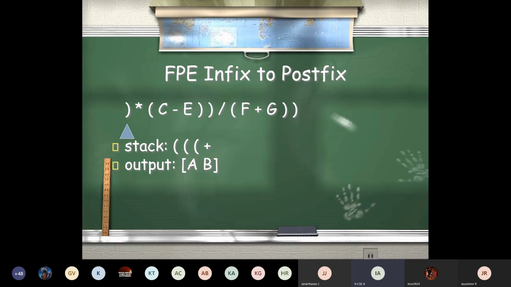In your stack, first I pushed the first parenthesis, second parenthesis, then third parenthesis, then I pushed this plus. So when you are popping symbols from your stack, we have to take the topmost symbol first. So you have to remove plus and place it into the output, and you have to remove the open bracket also from your stack. That is the logic we are going to follow.